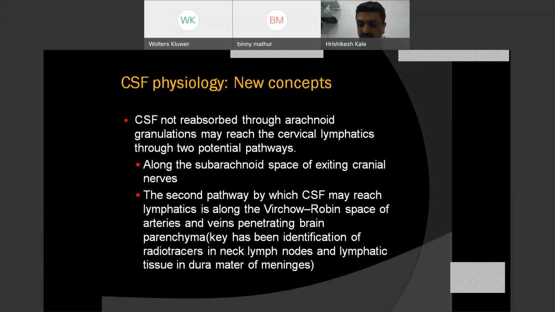All of these findings have come into focus over the last 10 years or so. The first experiments were performed by Dandy, in which he did a plexectomy and saw that there was very little production of CSF after the removal of the choroid plexus. But these are all fairly recent findings.